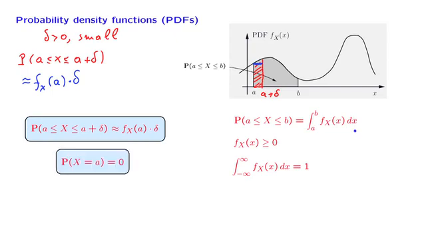So we obtain that the probability that x takes a value equal to a specific particular point is going to be equal to 0. So for a continuous random variable, any particular point has 0 probability.